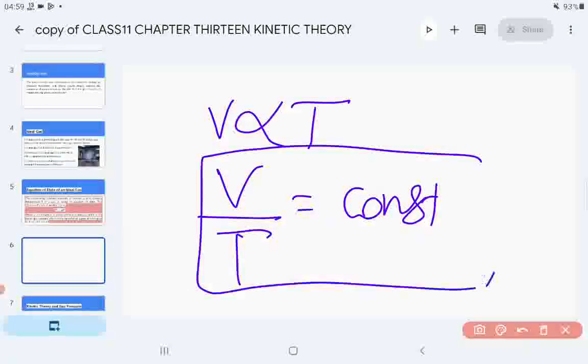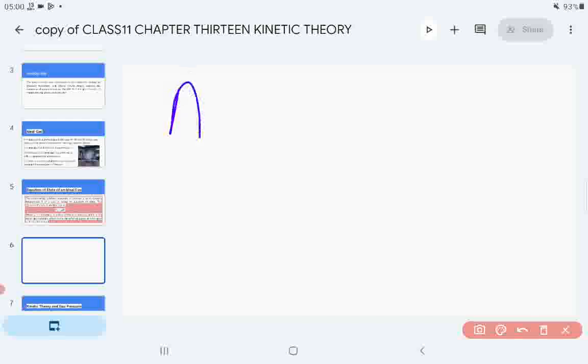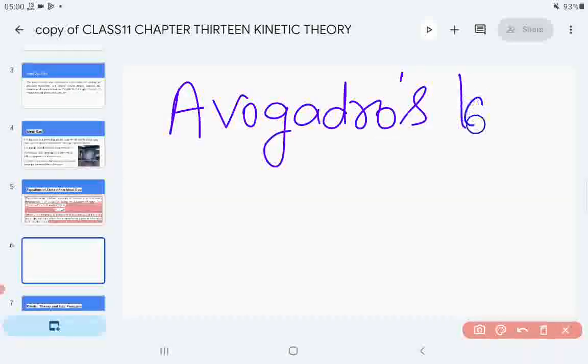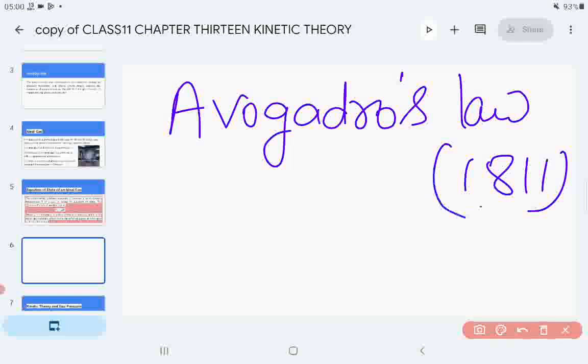Then after Boyle's and Charles', there comes Avogadro's law. More interestingly, he gave the law in 1811, much after Boyle's law and Charles' law.